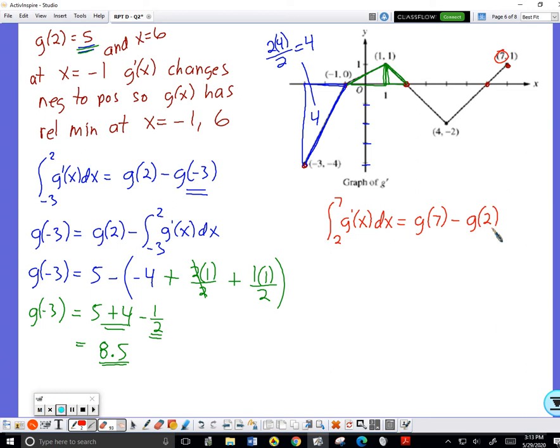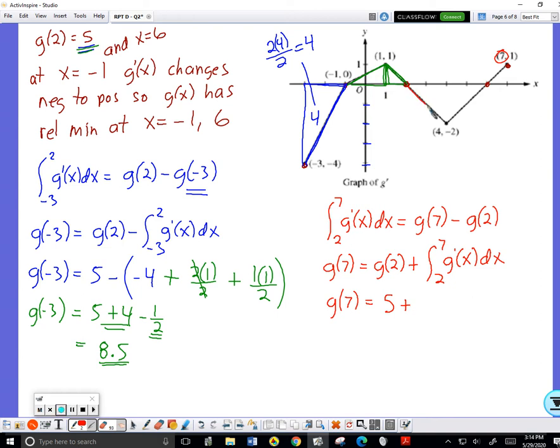So then g of 7 must equal g of 2 plus the integral. So g of 7 is going to equal g of 2, which is 5, plus the integral of g prime.